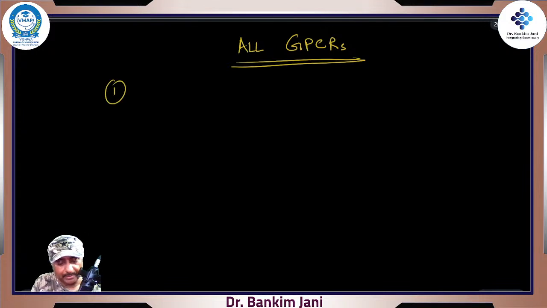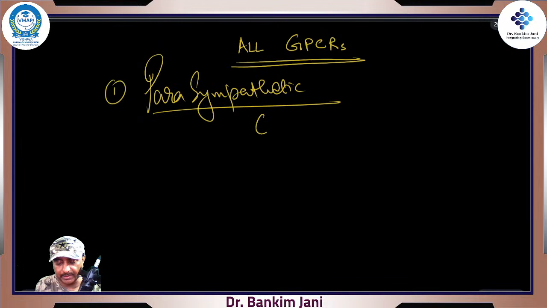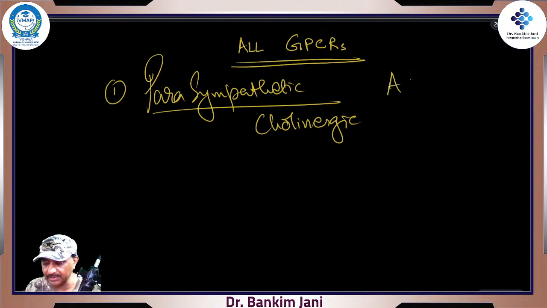First one is, let's say, for parasympathetic. When it is for parasympathetic, we'll call this cholinergic. Do remember this, cholinergic. Why cholinergic? Because it is ACh, acetylcholine.